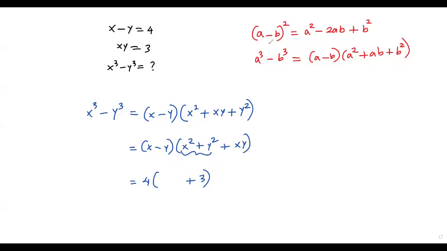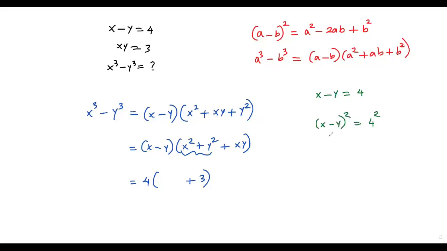I have to find the value of the expression x square plus y square. For that, I'm going to use the first identity, (a minus b) whole square equals a square minus 2ab plus b square. Let me take the first equation given here, x minus y equals 4. Now I'm going to square both sides of this equation. Then I get (x minus y) the whole square equals 4 square.